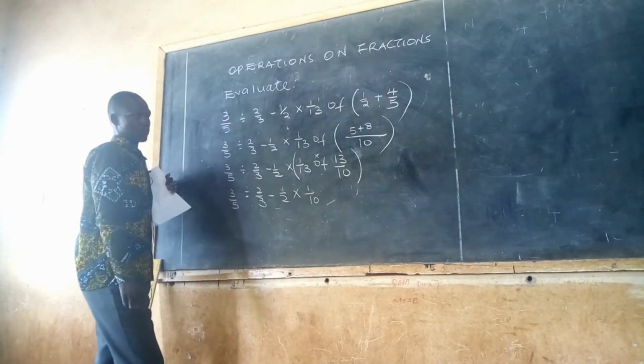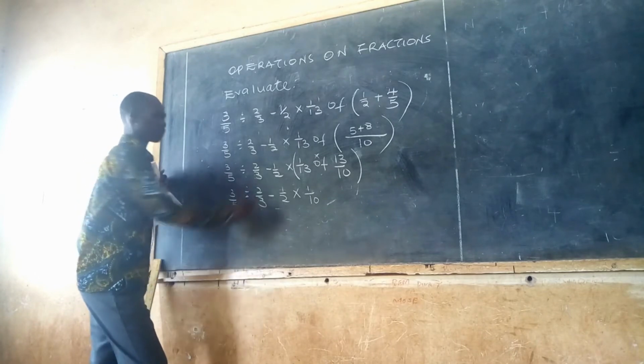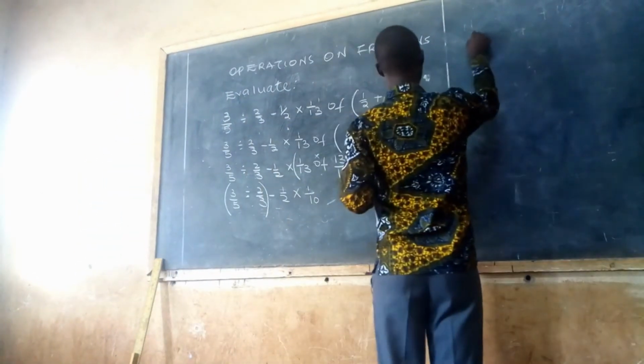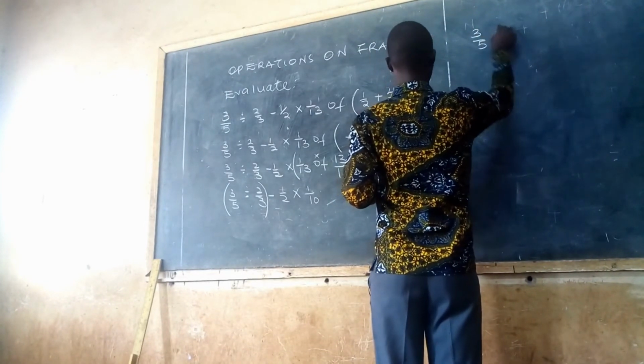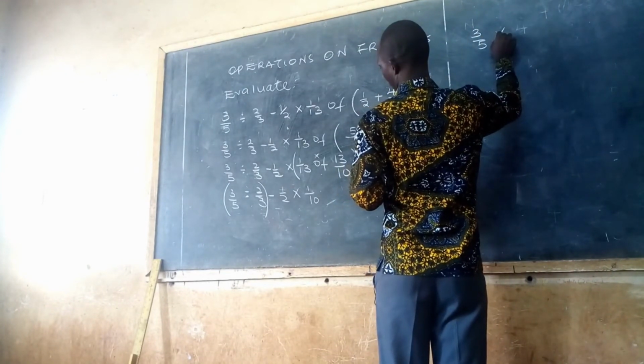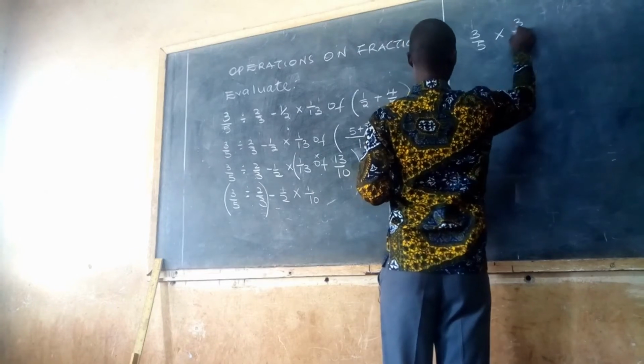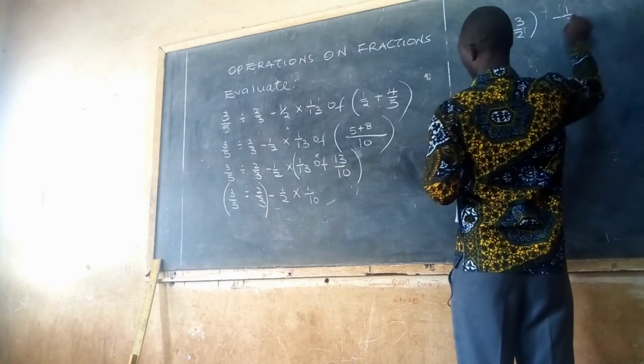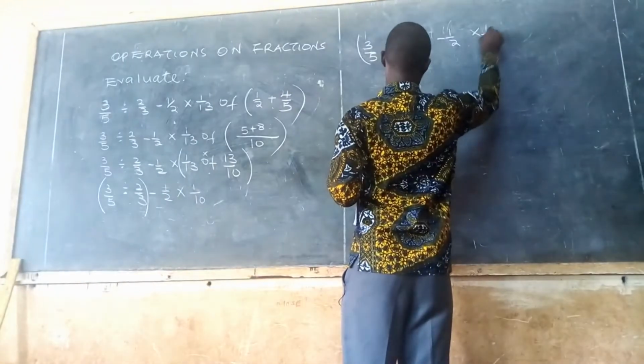Thereafter I'll have to go to the division part of it. So we'll have 3 over 5 times 3 over 2 minus a half times 1 over 10.